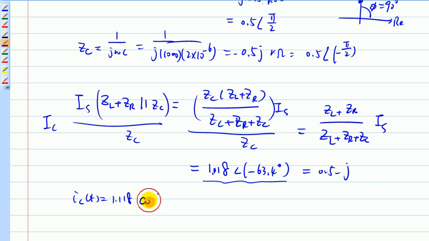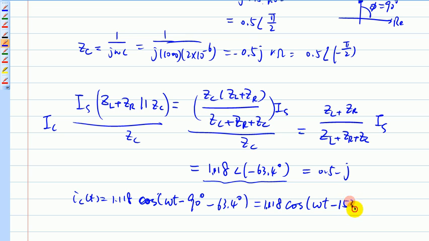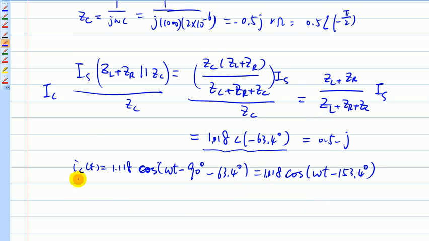Your original is cosine, so it's cosine ωt minus 90 degree, and then minus another angle here, 63.4 degree. So that's basically your response, the current across the capacitor, 153.4 degree. There you go. Many times we call that the steady state response for IC.